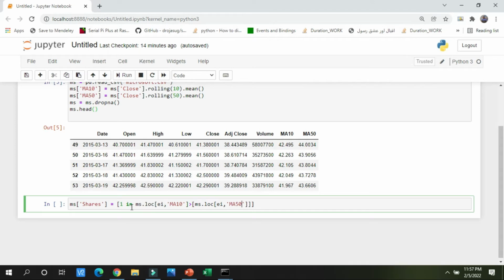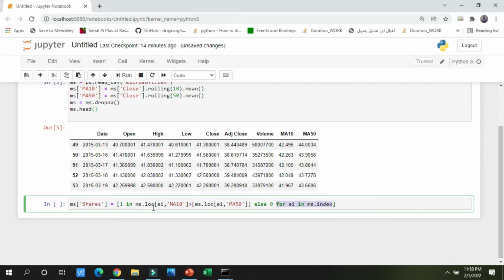Then I am writing 1, else 0, for i in ms.index. So this will go through the whole data set.